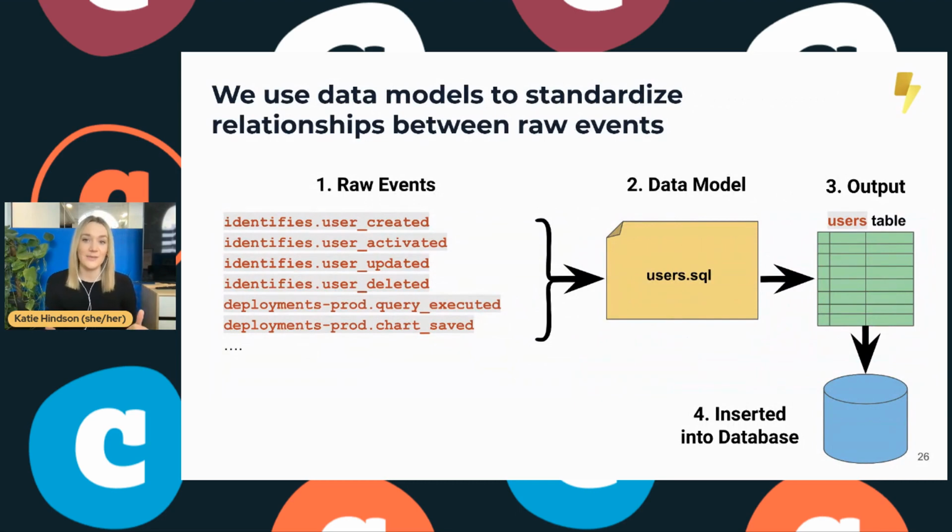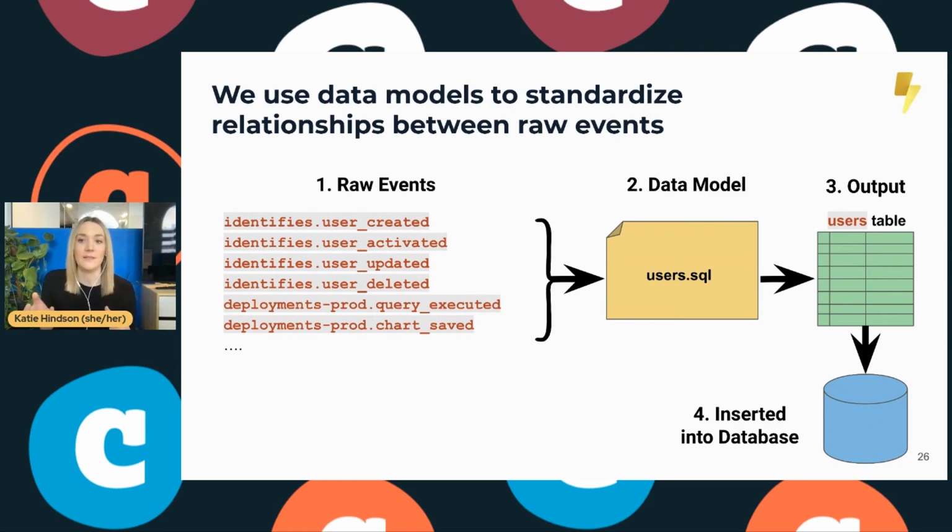The answer is that we use data models to standardize relationships between raw events. So we define abstractions on top of our analytics events, which we call data models. These data models are basically SQL queries that transform the analytics events that we get from our app into reusable multi-purpose tables that describe products or business processes or entities.